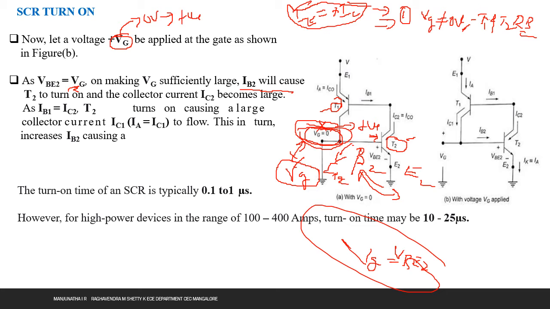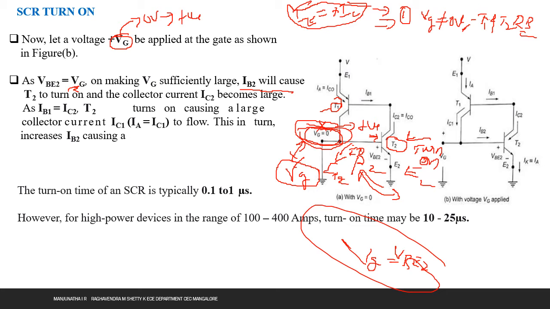So when we are getting base current IB2, transistor T2 is turned on, and transistor T1 is in the turn-on condition. So IB2 will cause T2 to turn on, and the collector current IC2 becomes large enough.